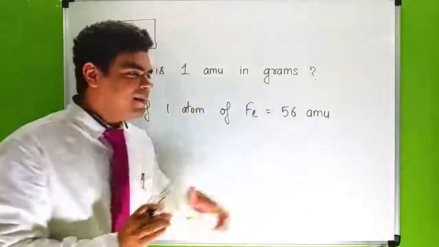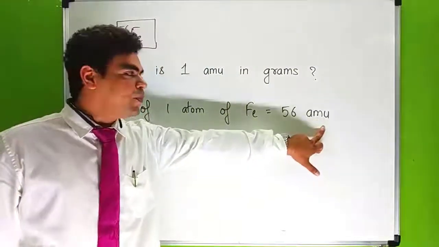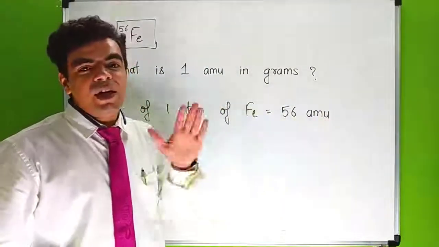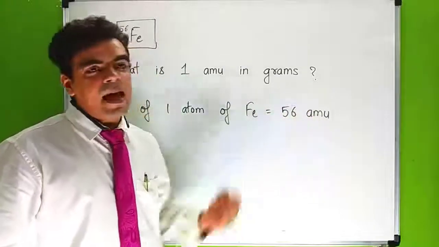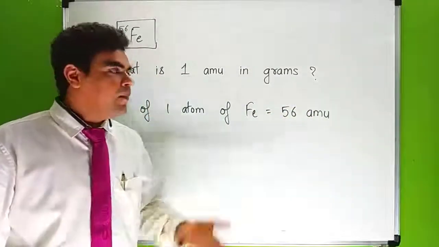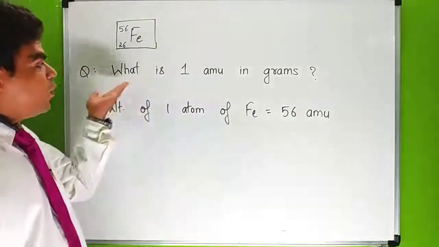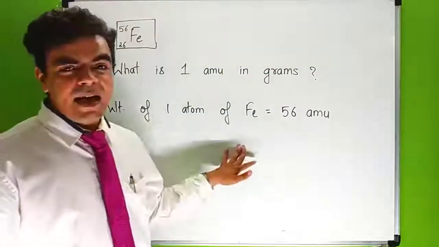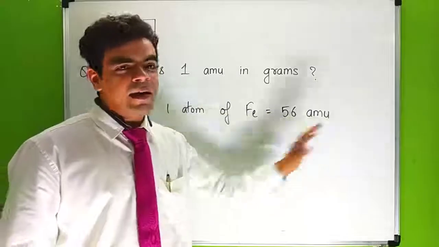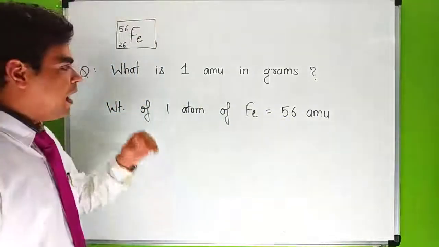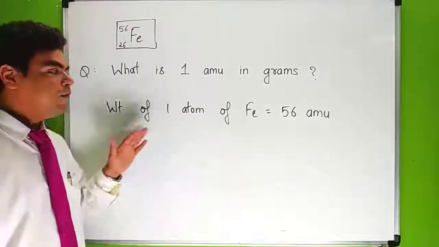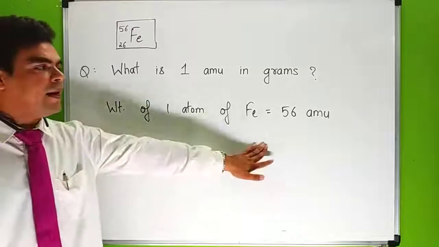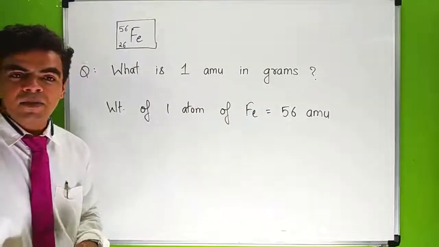Now while writing this word AMU, I did not mention to you what exactly AMU is, because it is something which you have to calculate. So this was my first statement, that weight of one atom of iron is 56 AMU, and my second statement was weight of 1 mole of iron is 56 grams.